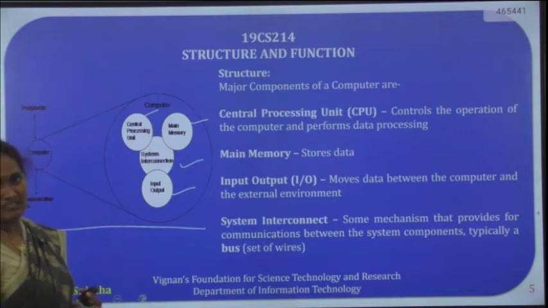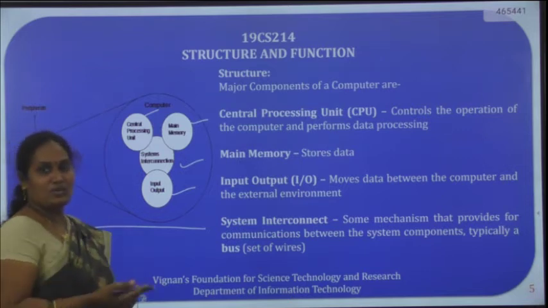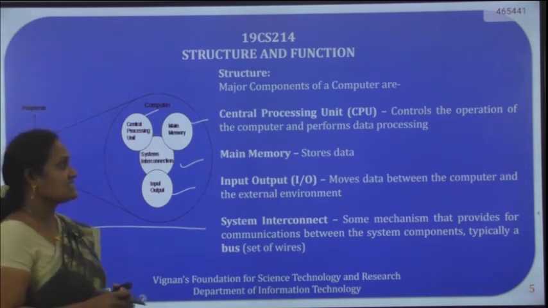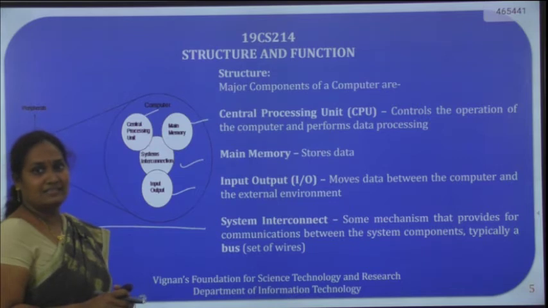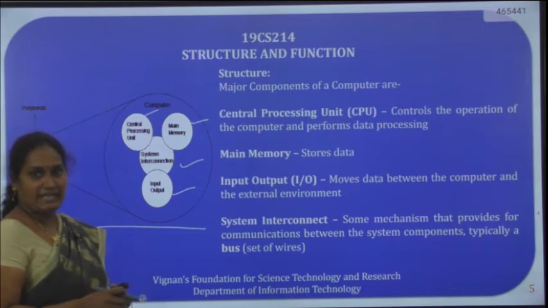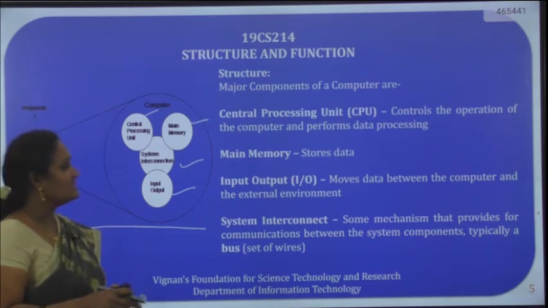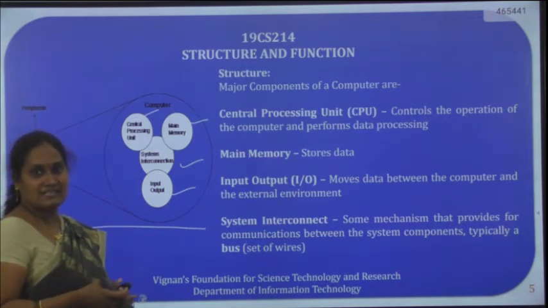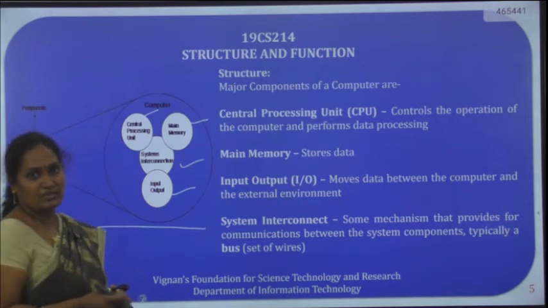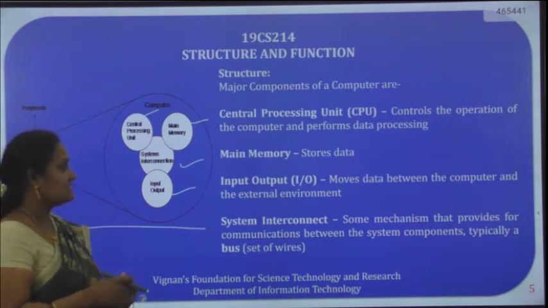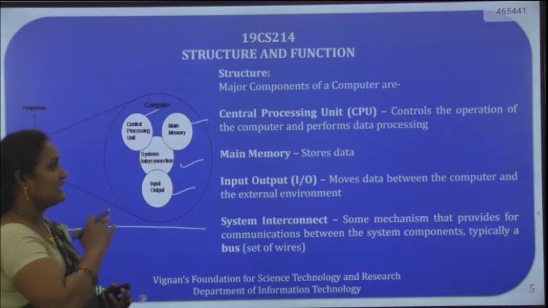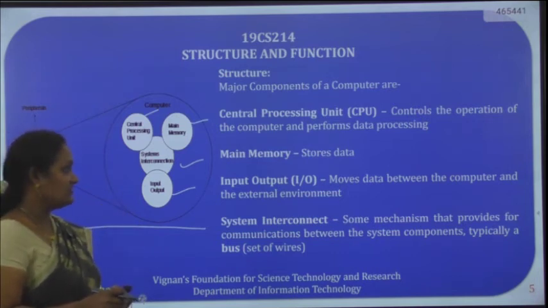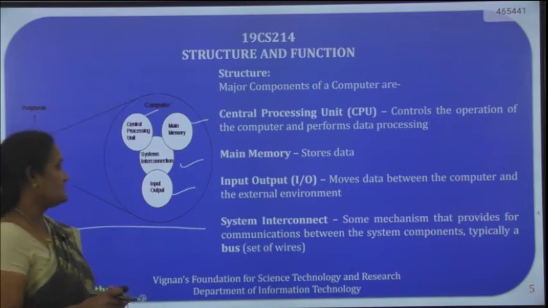While the CPU is processing data and executing instructions, the data that the processor needs is provided by the input devices, and after getting the results, they are output to the user. That is the external environment. So data movement between the central system and the external environment is done by the input output subsystem.